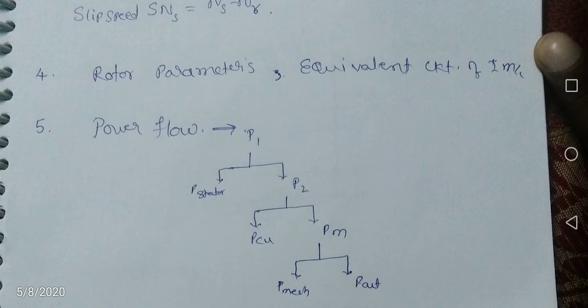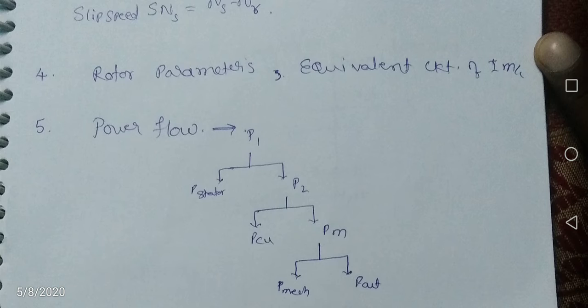So in place of S, if one is placed, then TST equal to 180 by 2 pi ns E2 square R2 by R2 square plus X2 square. So that is the starting torque. So substitute S equal to 1, then you get a starting torque.